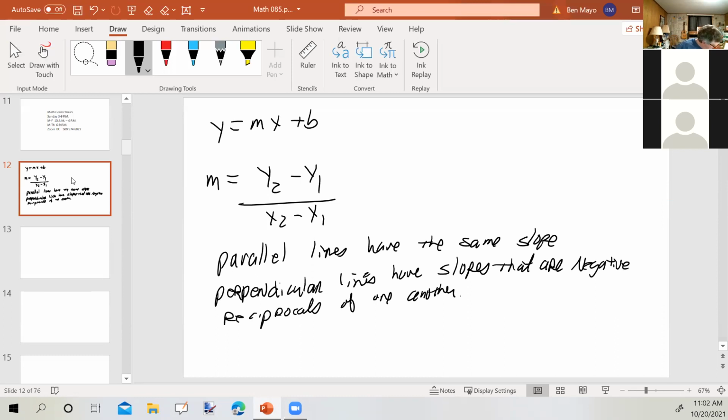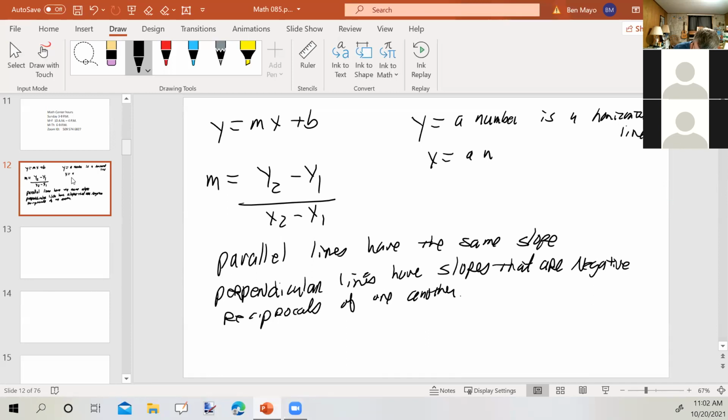Let's see here. Oh, an equation in the form y equals a number or y equals a constant is a horizontal line.